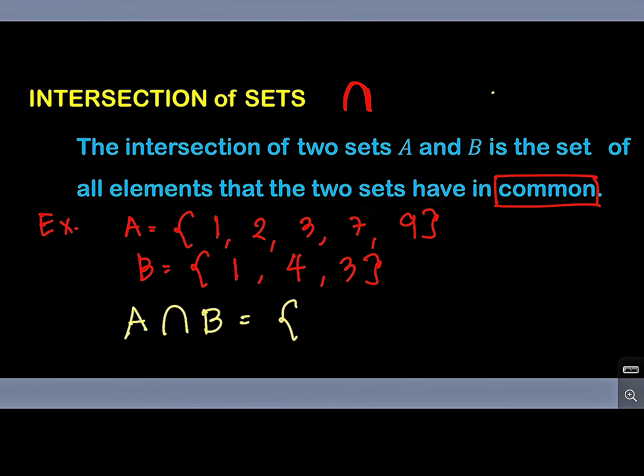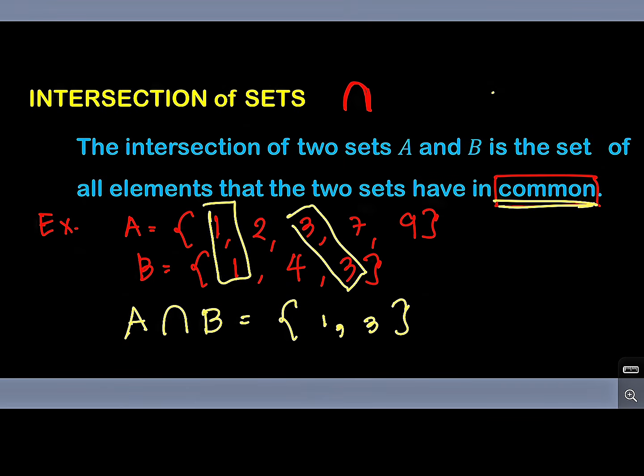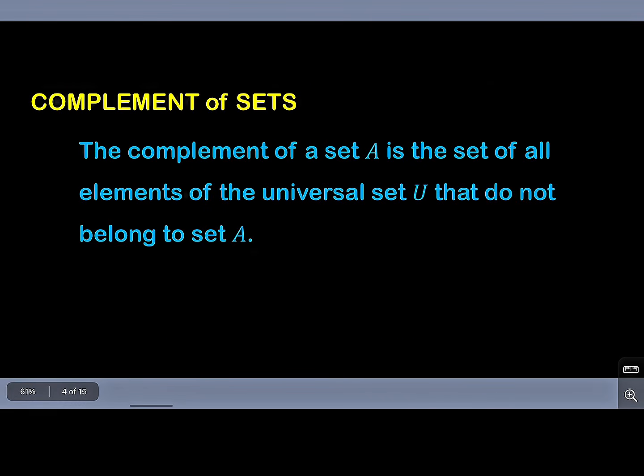So for the intersection of A and B, always remember, to easily answer this, just pair the elements that are common to each other. So the answer is the set of 1 and 3, which are the only ones common to both A and B.